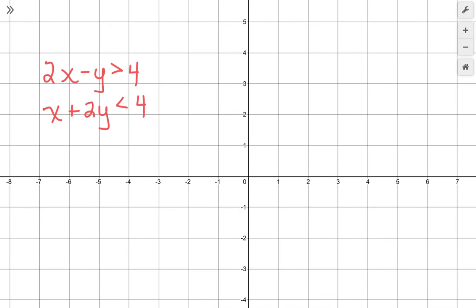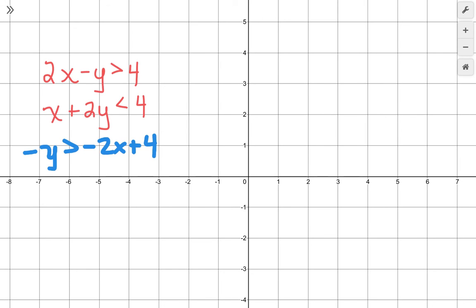Remember, sometimes we need to put these things into slope-intercept form before we graph them. And again, I put this inequality in here as a reminder of what happens with the first one. So let's say negative y would be greater than negative 2x plus 4.